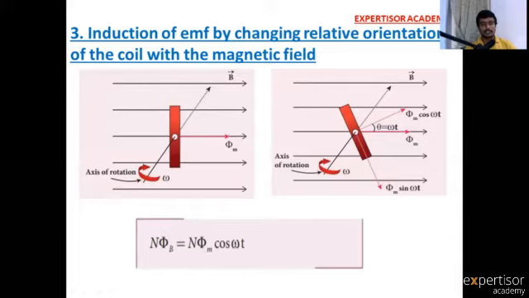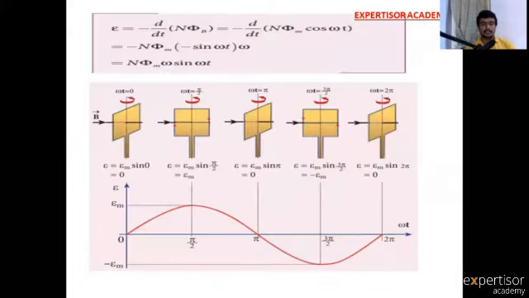This represents the magnetic flux in the horizontal part. This flux is changing with respect to time, and d(N phi B) by dt is equal to the induced EMF. This law represents Faraday's law of electromagnetic induction.